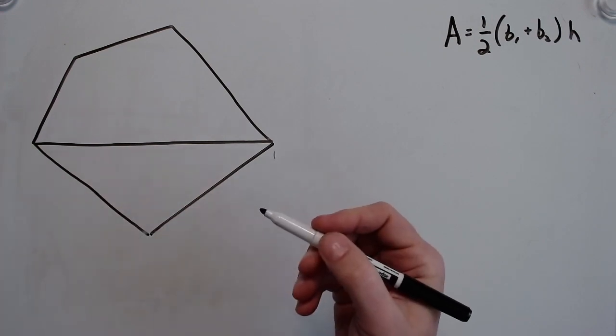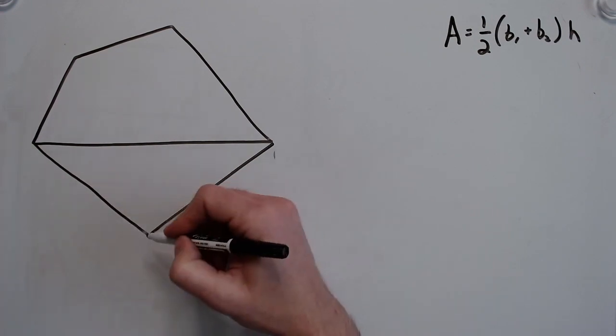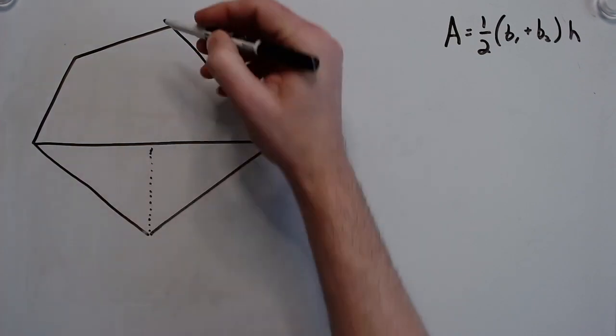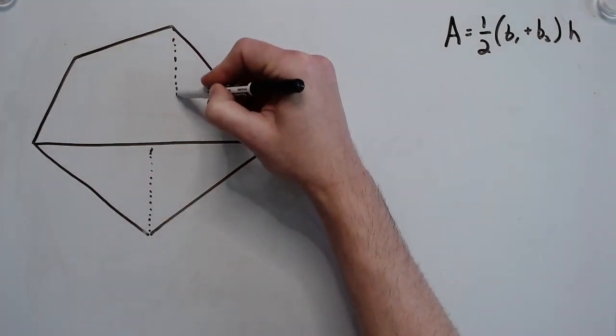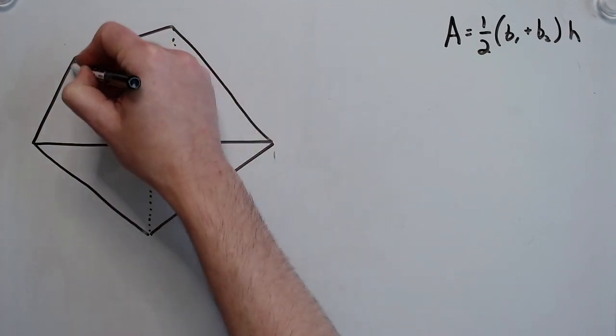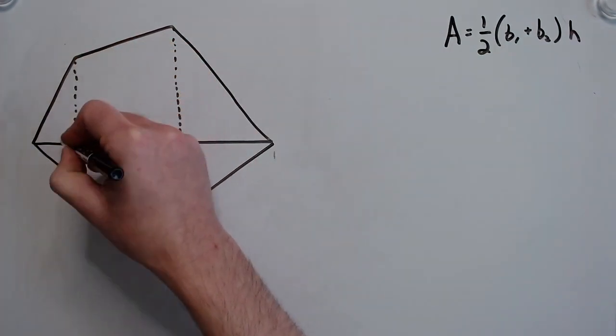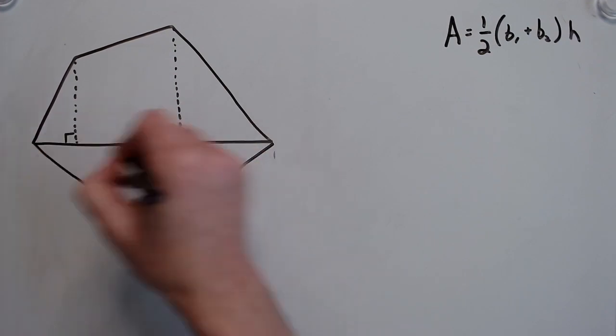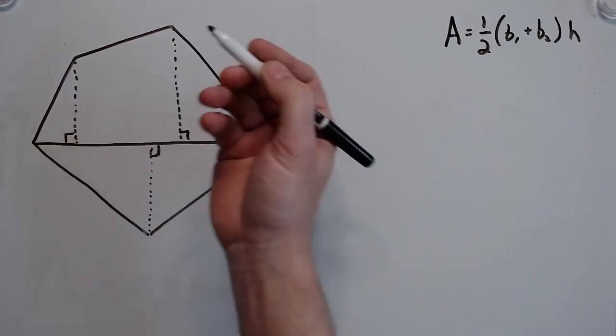I'm going to start putting some dimensions on here. And what we're going to do is draw a little pretend line here, and one down from here, and one down from here. So these are all 90 degrees perpendicular to this kind of center line here.